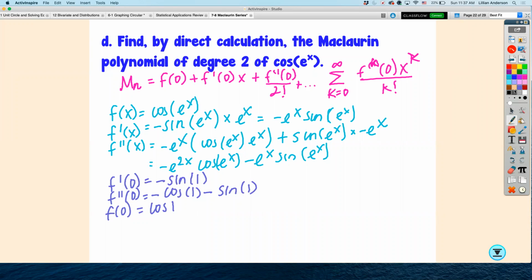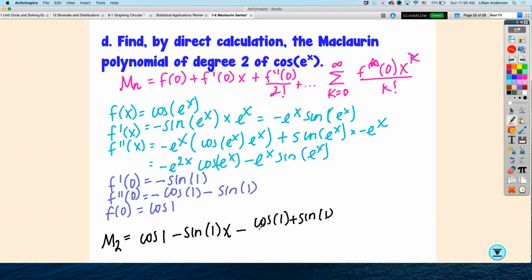So then our second degree Maclaurin polynomial is going to be f of 0, which we know is cosine of 1, plus f prime of 0 x, which is going to be a negative sine of 1 x, plus our second derivative at 0, f double prime of 0 over 2 factorial, which we know is going to be a negative cosine 1 minus sine 1.